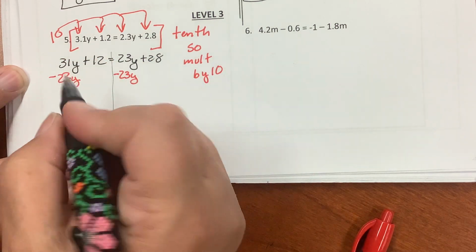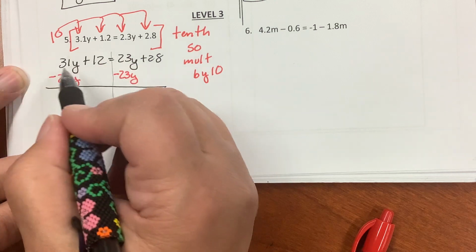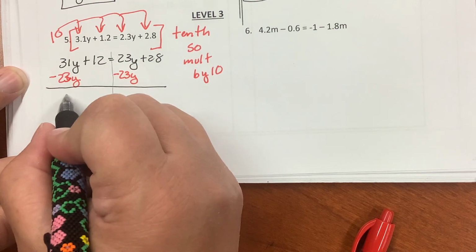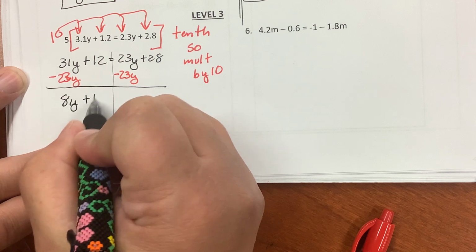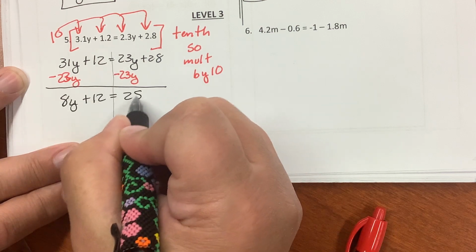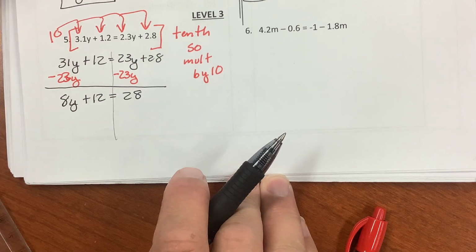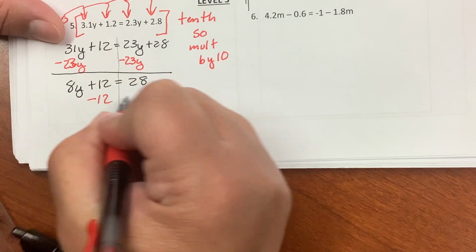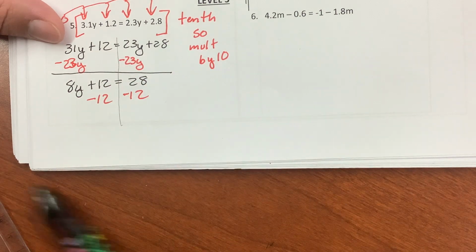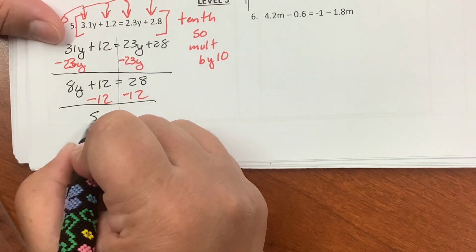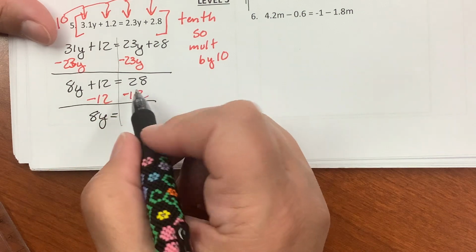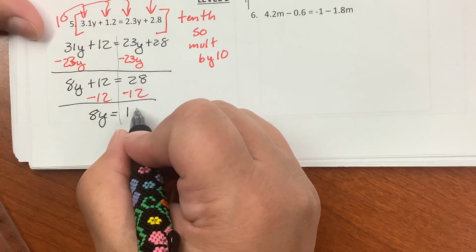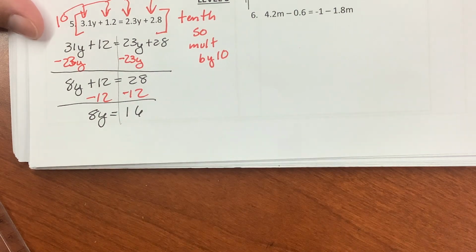And let's see. 31 minus 23 is 8y plus 12 equals 28. We'll talk more about mental math later. All right, subtract 12 from both sides. 8y equals 16. Divide both sides by 8.